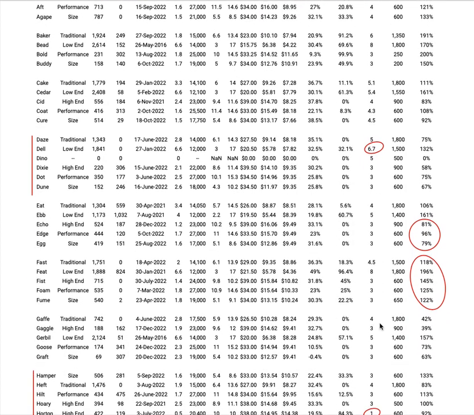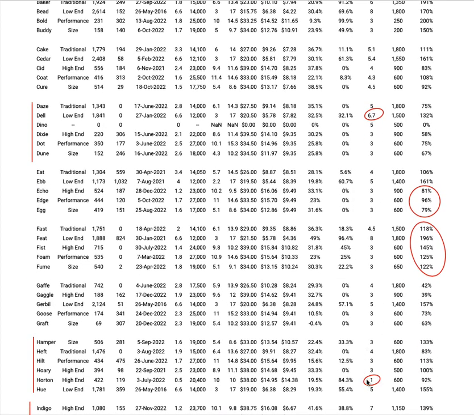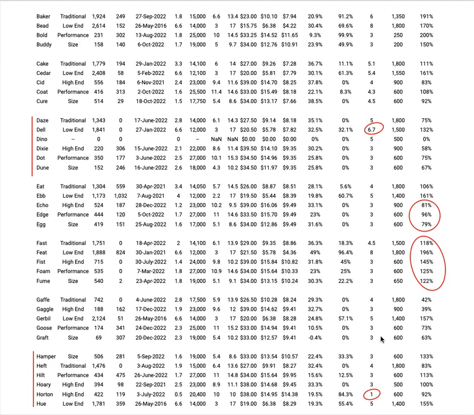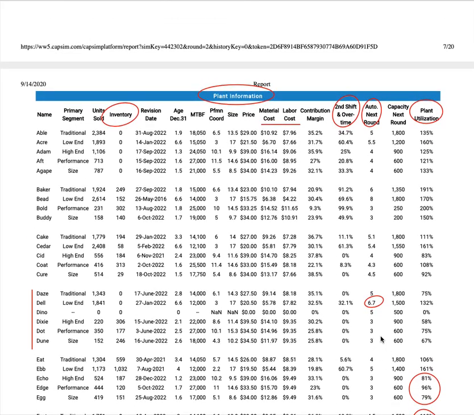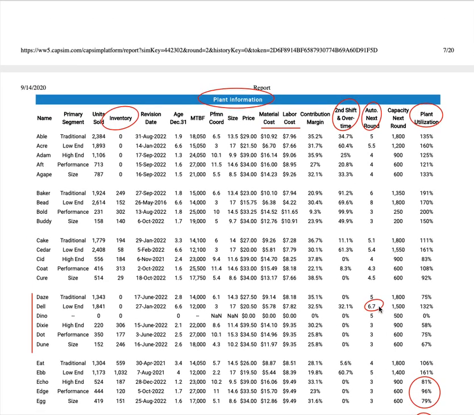Lower automation means you use labor, but please remember that labor is pretty expensive. At the same time, higher automation requires a bit more investment. So your team needs to weigh the pros and cons and decide.